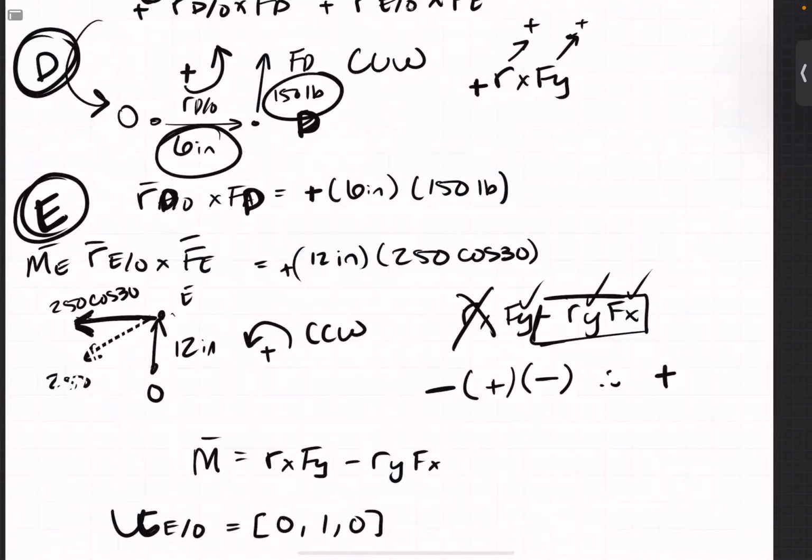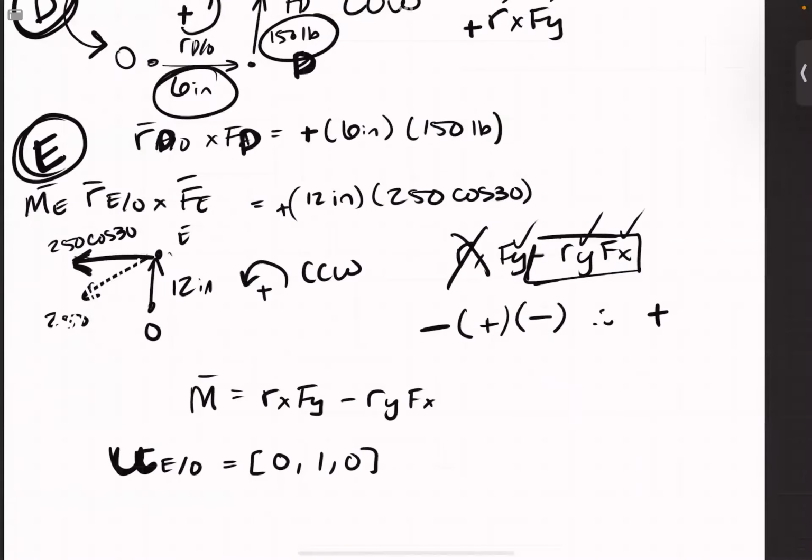Well, let's just look at the unit vectors for R. And for the force, we did have x and y components: the negative cosine 30 in the x and the negative sine 30 in the y. So it did exist here, but because the Rx was equal to 0, it doesn't do anything. That was probably a longer answer than you actually needed.